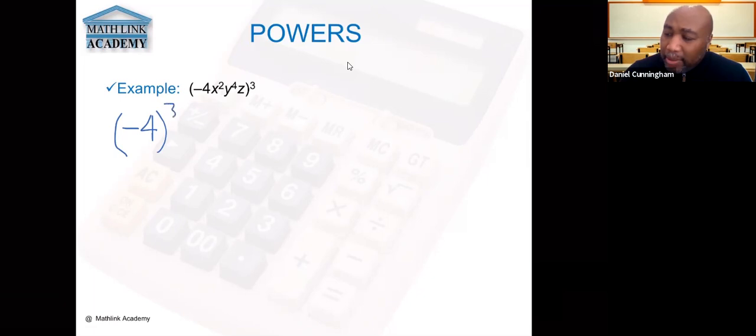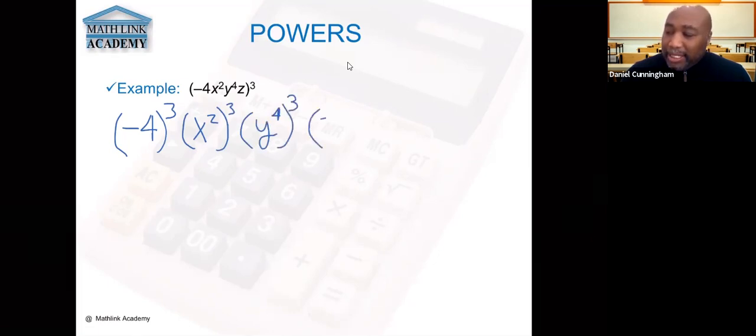So this would be negative 4 to the third power, x squared to the third power, y to the fourth to the third power, and z to the third power. So what I did was distribute that third power to each of those terms.